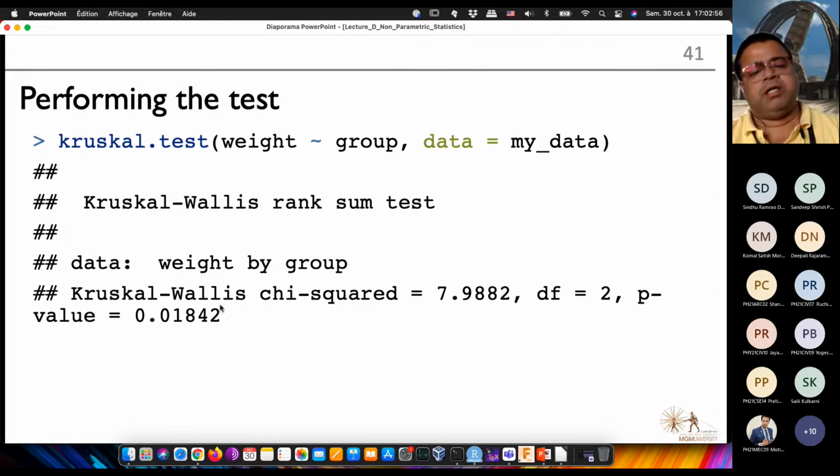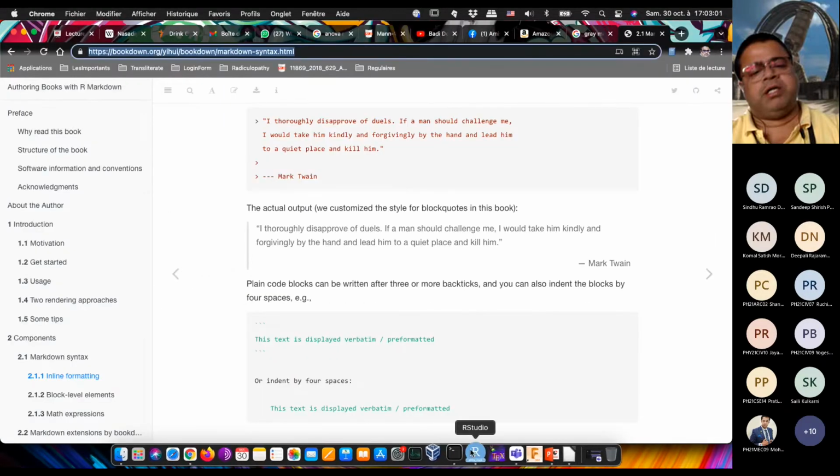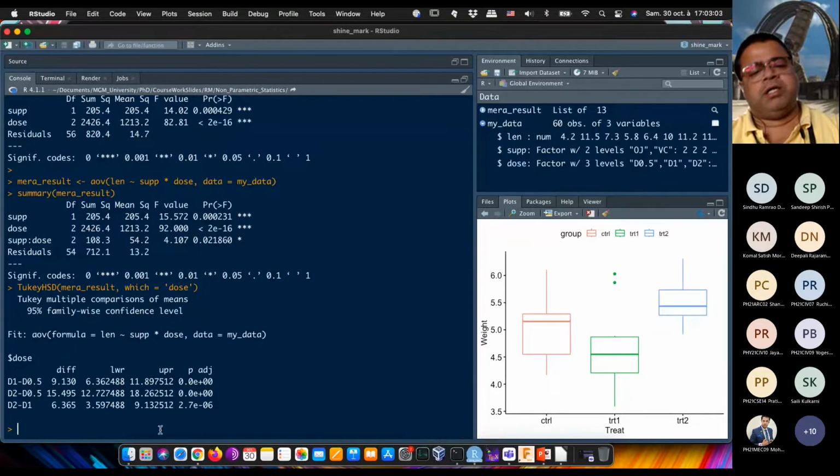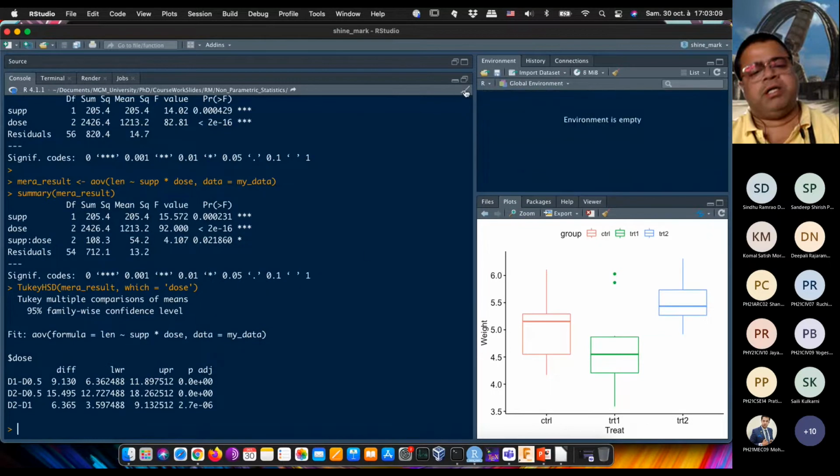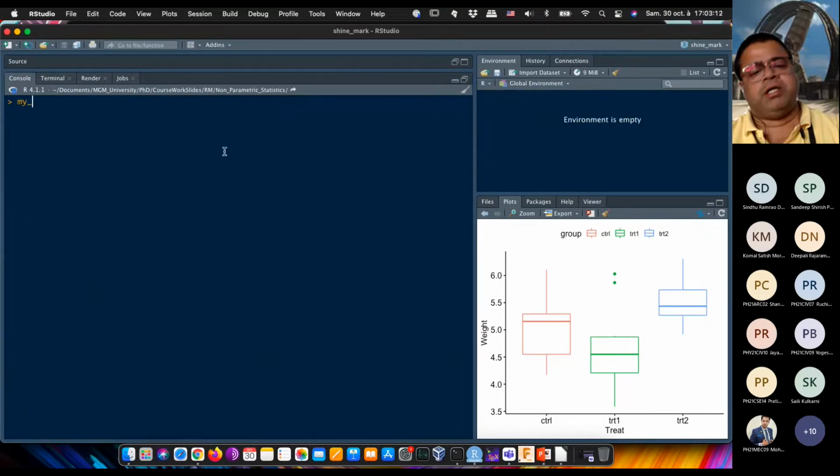So there was, if I just go back to R, please remember that in the, okay, I'll just clear everything here, and let us load the plant growth data again. If I load the plant growth data again, look at this. My data is plant growth.